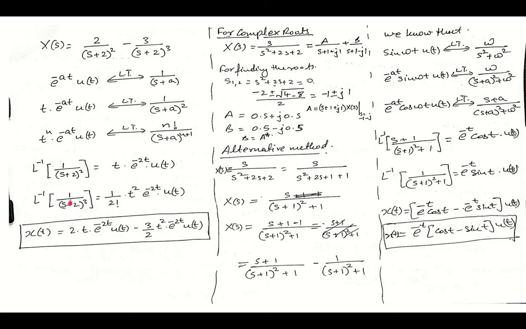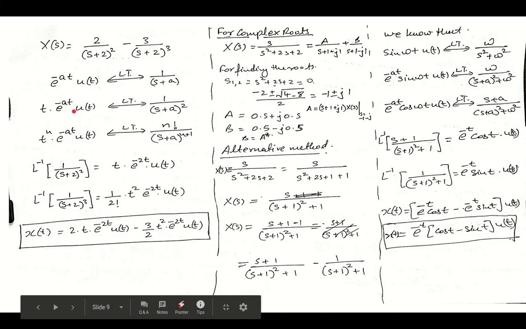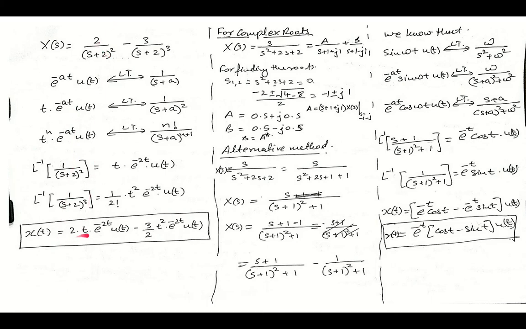Now 2 is from here, e to the power minus 2t into ut. Now we can put these representations in this equation. So for Xs we can write the inverse xt. For 2 into 1 upon s plus 2 whole square, we can write 2 into t into e to the power minus 2t ut, then minus 3 upon 2 factorial.